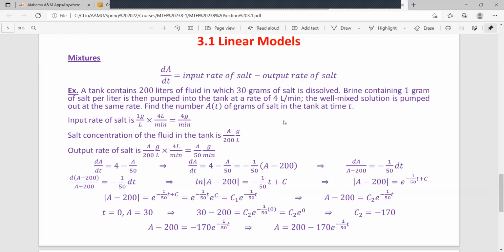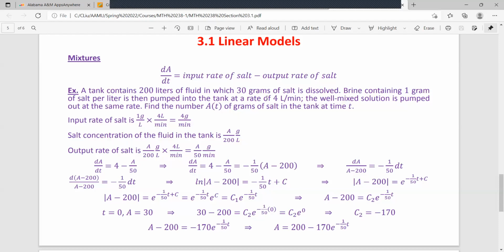So let's just solve one of those problems. In this example, it says a tank contains 200 liters of fluid in which 30 grams of salt is dissolved. That's the initial condition. Initially, the solution has 30 grams of salt. Brine containing 1 gram of salt per liter is then pumped into the tank at a rate of 4 liters per minute.